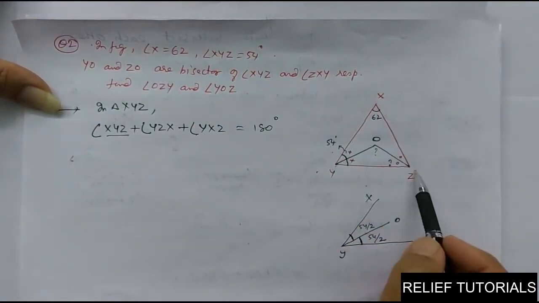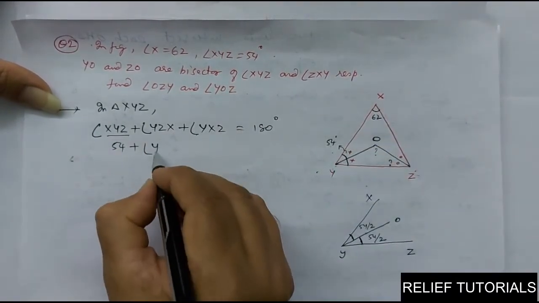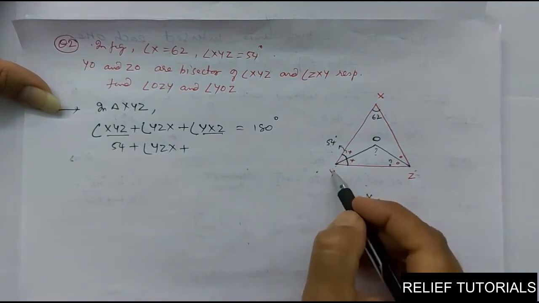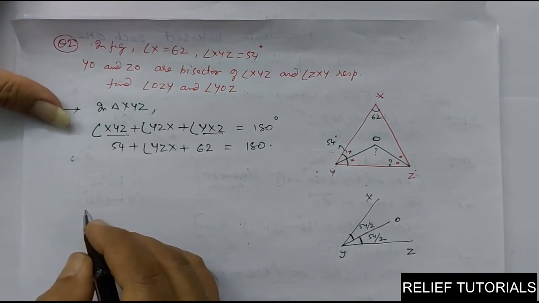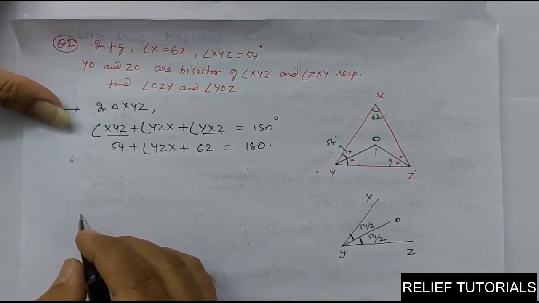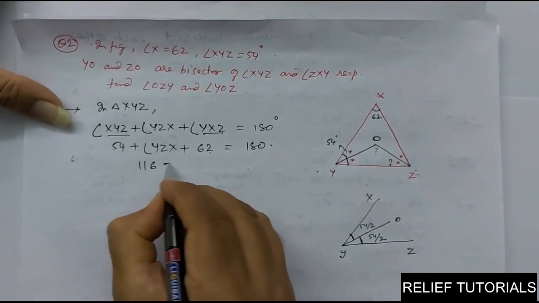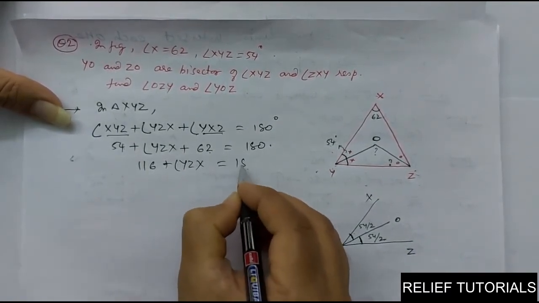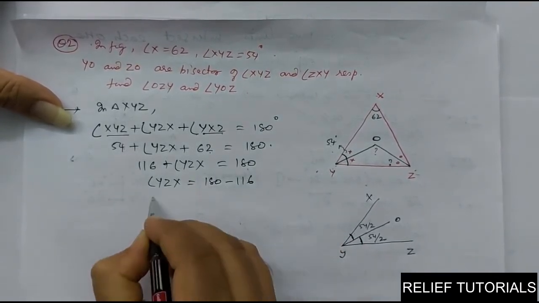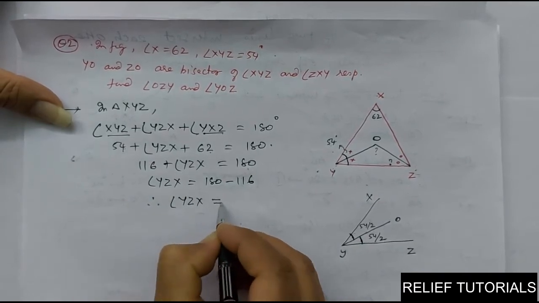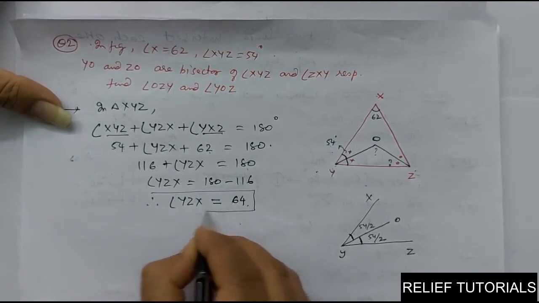XYZ is 54, YZX we have to find out, and angle YXZ is 62, equals 180. Now we'll add these two angles: 54 plus 62 is 116, plus angle YZX equals 180. So angle YZX is equal to 180 minus 116. Therefore angle YZX is equal to 64.